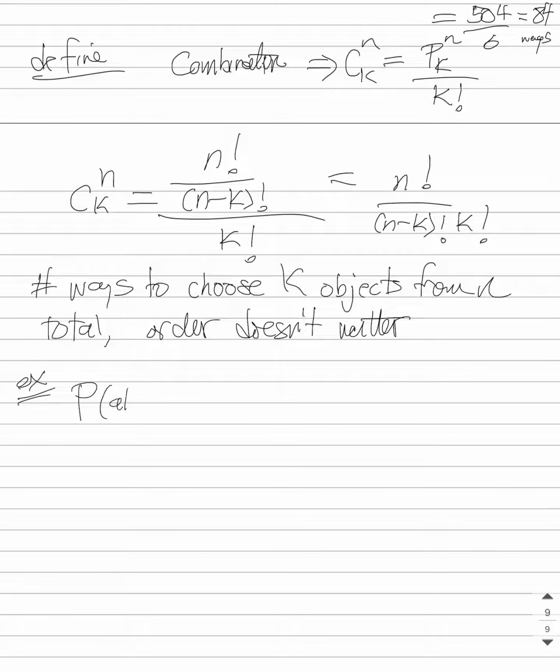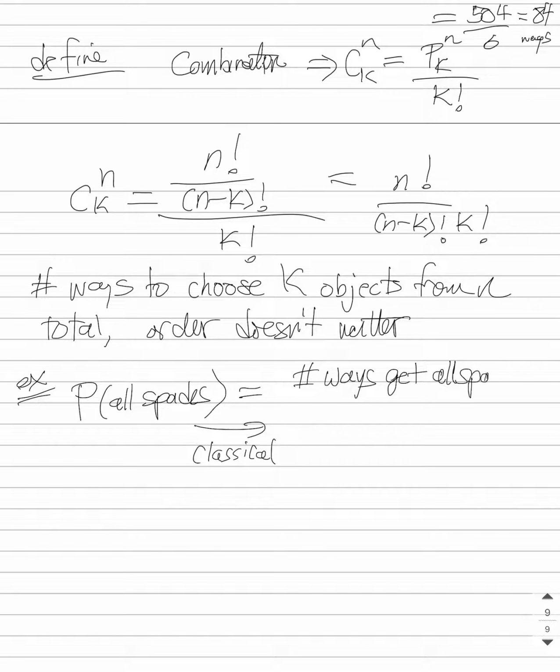What's the probability of getting all spades in a poker hand? And because this is a classical definition, it's going to end up being the number of ways to get all spades in 5 cards divided by the number of ways to get a 5-card hand.